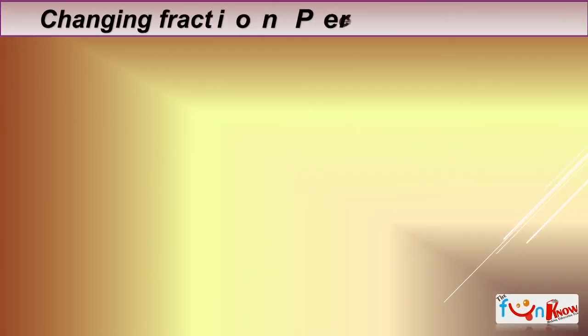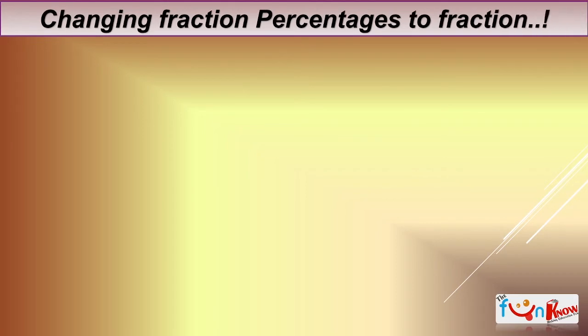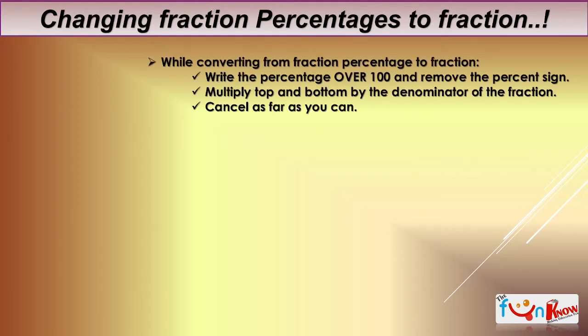Now our next topic is changing a fraction percentage to a fraction. That means, students, you have to change a fraction percentage to a fraction. While doing this, there are some rules which you have to follow again. While converting from a fraction percentage to a fraction, write the percentage over 100 and remove the percentage sign.